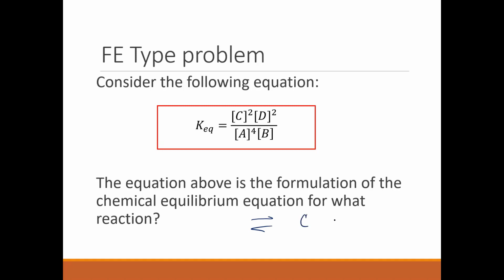So our products are C plus D and A plus B. Stoichiometric coefficient then is 2, 2 is 4, and this is implicit as 1. So if you had a problem like this, they would give you a series of equilibrium equations or reactions, and then you would pick the appropriate one.